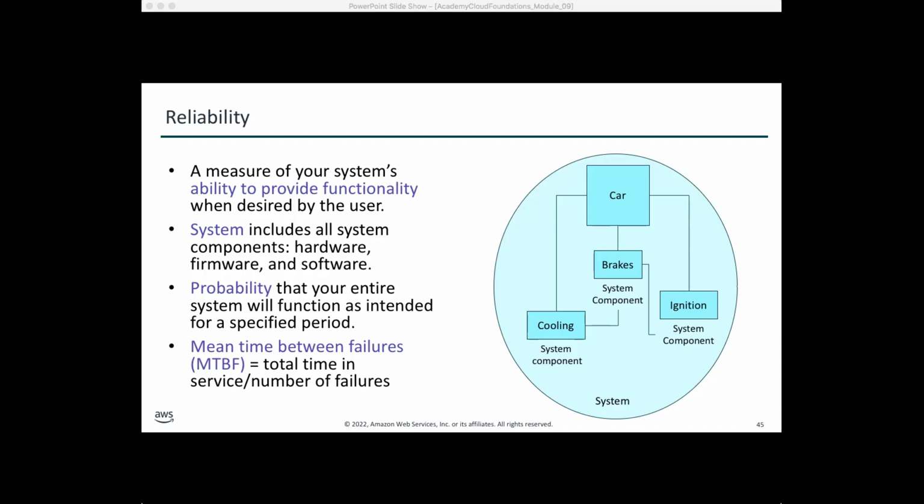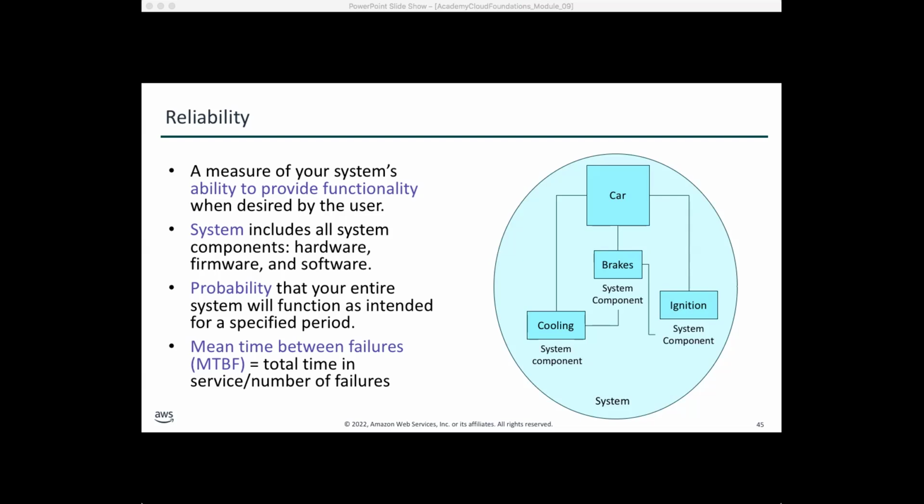A system includes everything: components, hardware, firmware, software, other things, sometimes human failure as well. The reliability is the probability that your entire system will function as intended for a specified period.